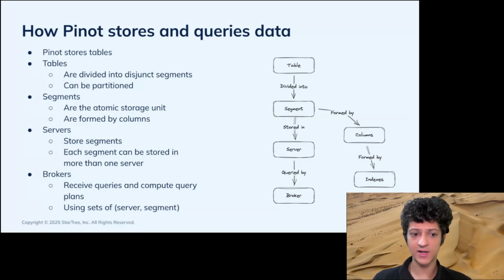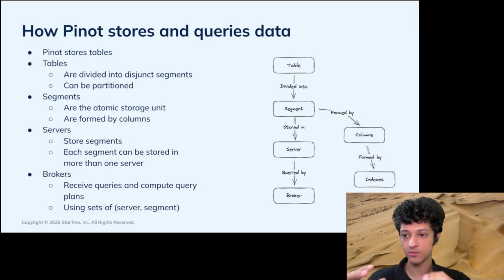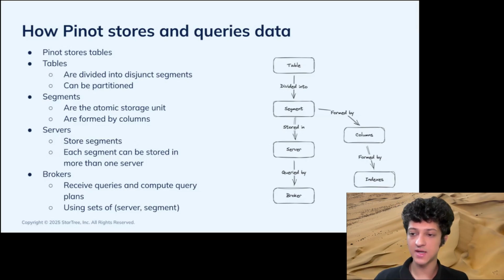These segments are typically stored in more than one server through replication, for both high availability as well as for scaling throughput. And brokers are the ones that actually receive SQL queries from clients. They compute an optimal query plan from the SQL queries received from the client and dispatch them to the servers. As part of computing the most optimal query plan, this also includes the set of servers that the query needs to be dispatched to, as well as the set of segments that each server needs to process for that query.